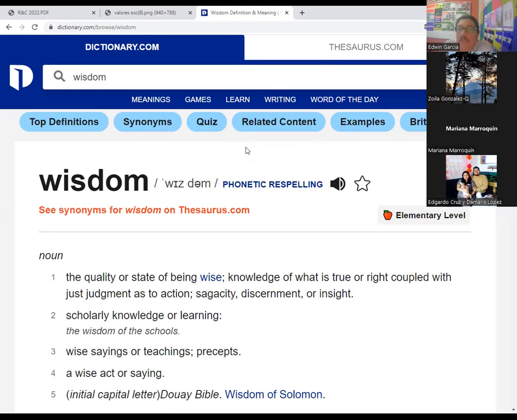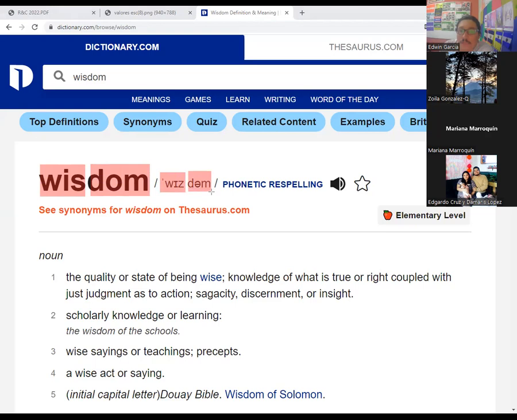This word has two syllables. Just wait for me. We are going to mark the two syllables. This is the first one, whiz. W-I-S is the first syllable, and the second one is D-O-M. One and two.